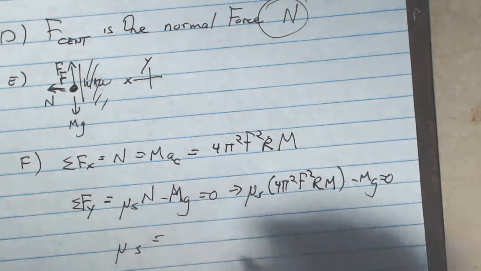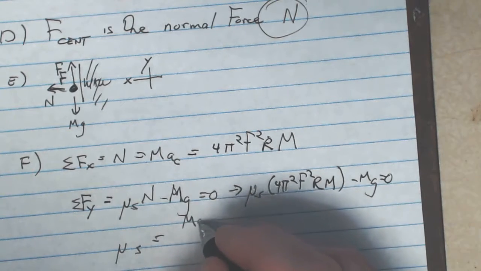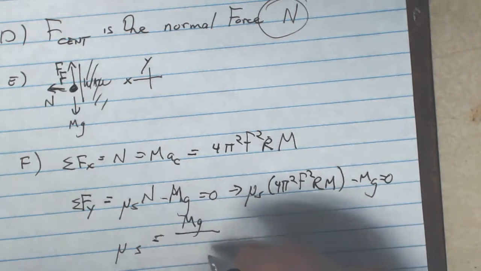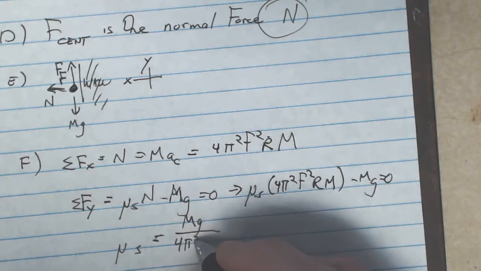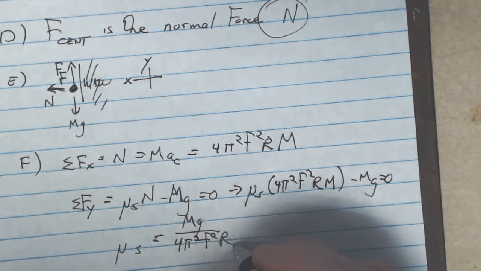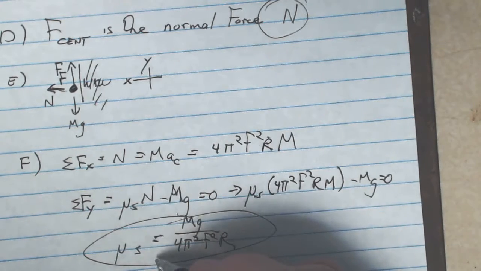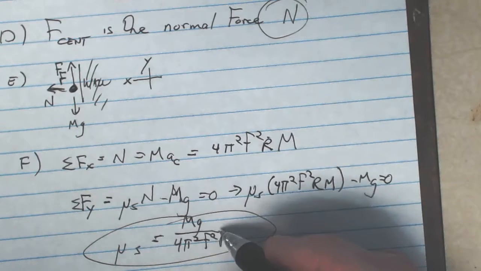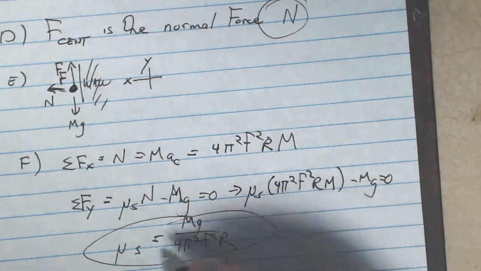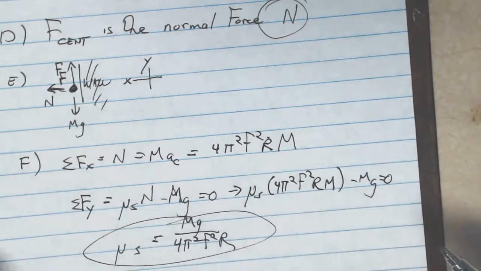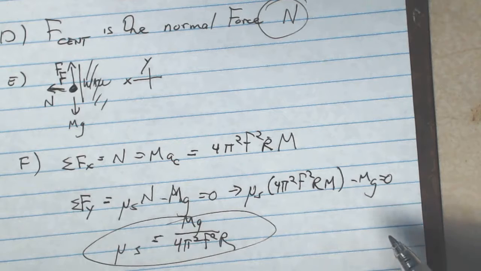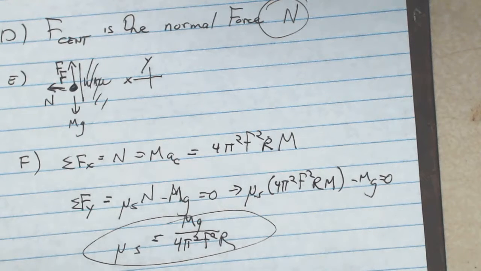And we have mg on the right side of the equation divided by 4 pi squared f squared r m. And that'll be the minimum coefficient of static friction that will prevent the rider from falling. Something bigger than this minimum will be just fine, even less likely to fall. So that's it for problem number 2.